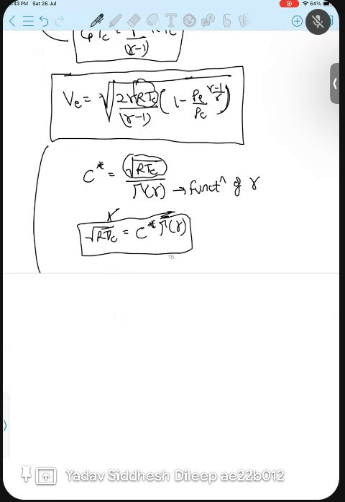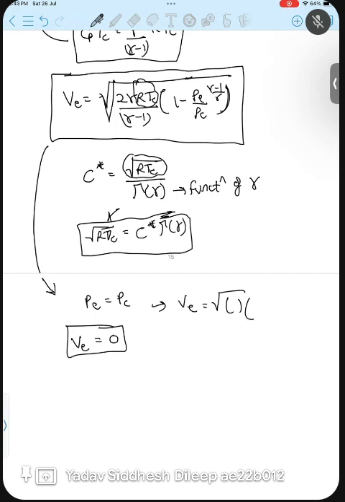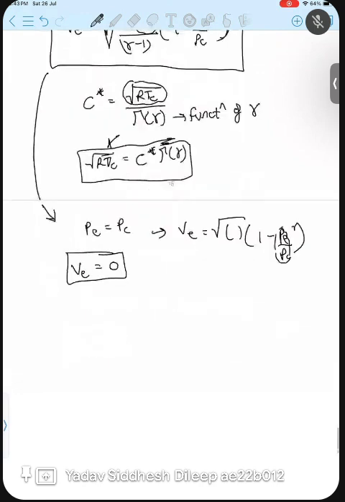When you observe this equation, when Pe equals Pc, V equals 0, because V equals the square root of some term into (1 minus (P by Pc) raised to some function). If P exit equals chamber pressure, there is no exhaust velocity, or basically there is no flow. This is just proving it mathematically.